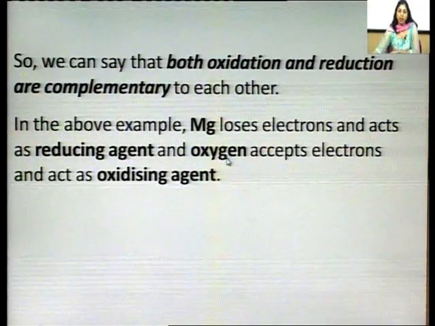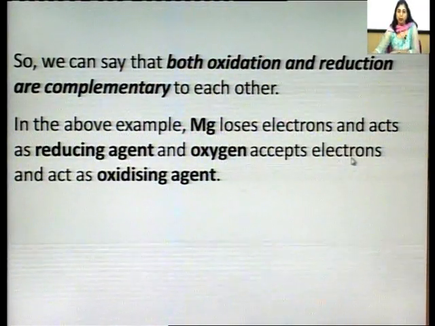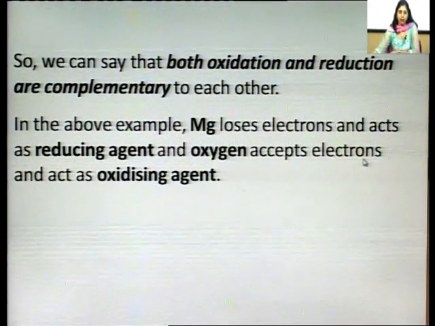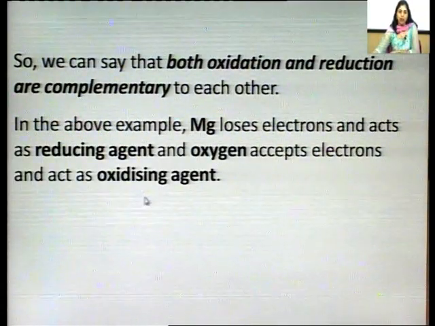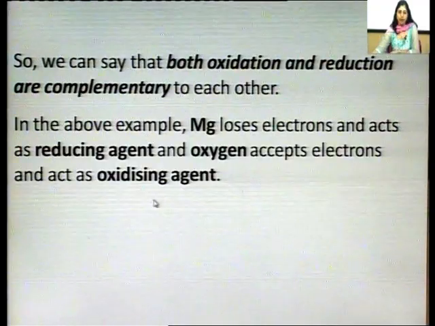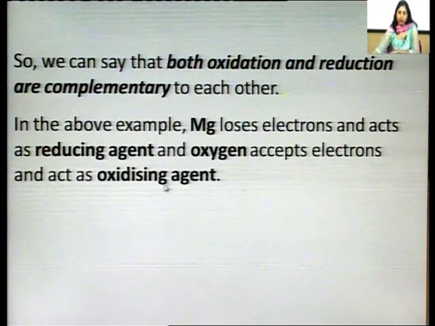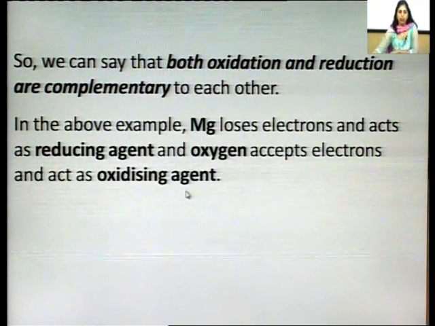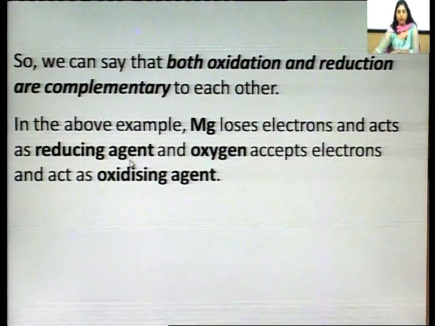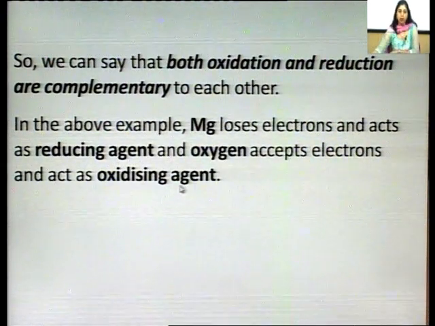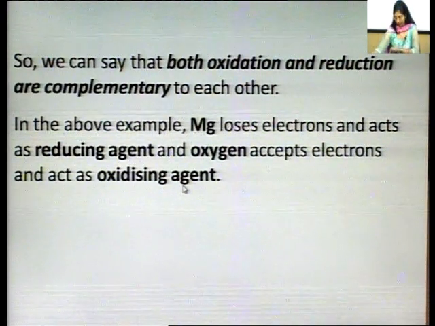On the other hand, oxygen, which is accepting the electrons and undergoing reduction, will act as oxidizing agent. So, you can easily predict from the reaction which is the oxidizing agent and which is the reducing agent in that particular kind of reaction.